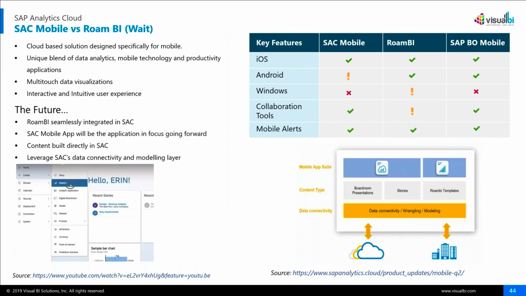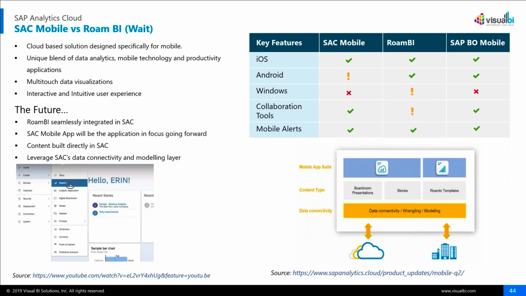Now coming to Roam BI, a lot of the Roam BI customers have been advised strategically that they are better off migrating to SAP Analytics Cloud. Today there is a bit of confusion because there are 3 different mobile clients: SAP Business Objects Mobile, a Roam BI client, and an SAC mobile client.